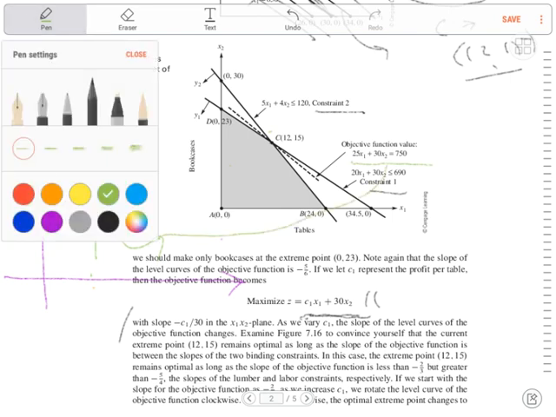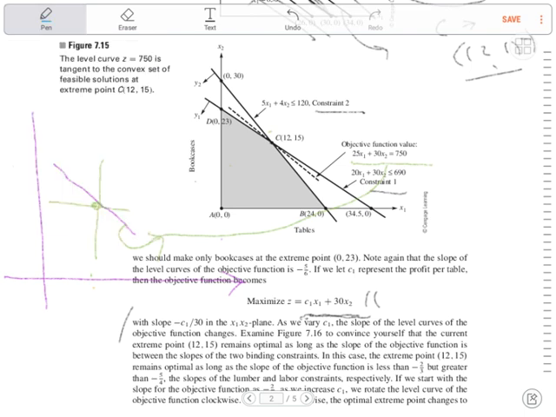Now it is going to change. How can it change? It can change by changing the slope, because the slope now depends on this C1 parameter. So it can rotate in the anti-clockwise direction, or it can rotate in the clockwise direction.